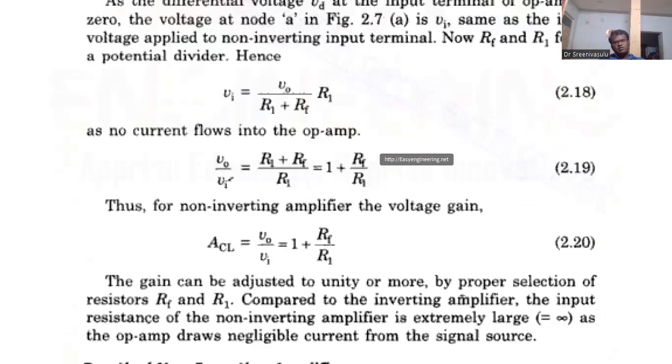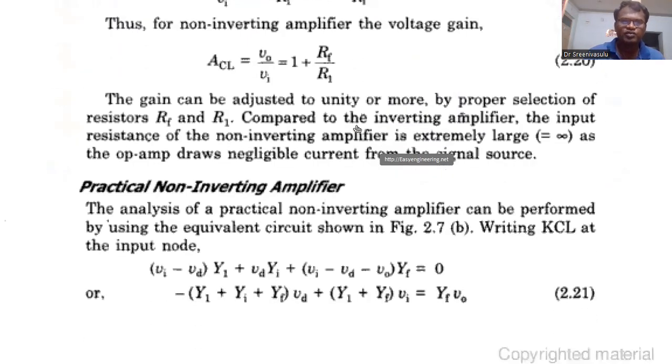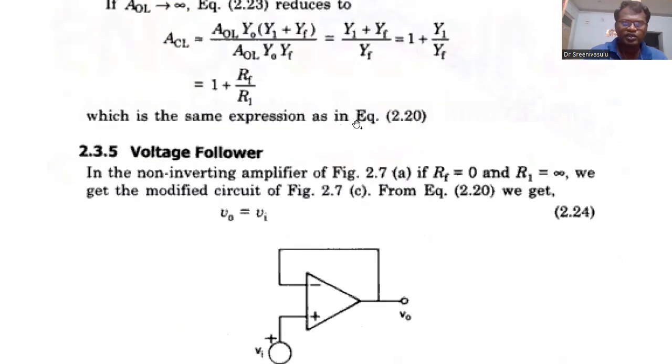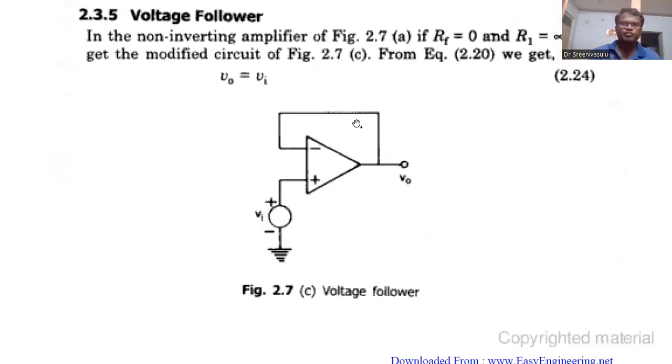If you compare this gain with the inverting amplifier, whose gain is V0 by VI equal to minus RF by R1, the gain of the non-inverting amplifier is greater. Another thing, there is no phase shift between input and output, so it is called a non-inverting amplifier. Based on the selection of RF and R1, we get whatever gain we require.